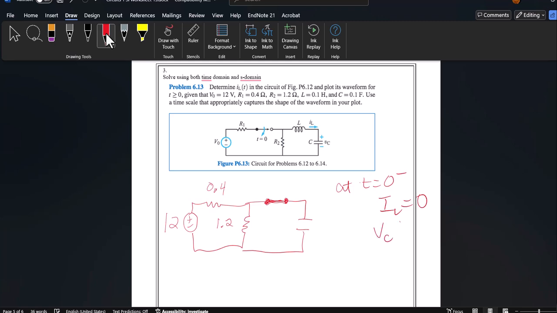What about VC of 0? The voltage division on the 1.2. That's right. It's in parallel with the 1.2, so it's going to have the same voltage as the 1.2. So 12 times 1.2 over 1.6, 12 times 3/4, which is 9.